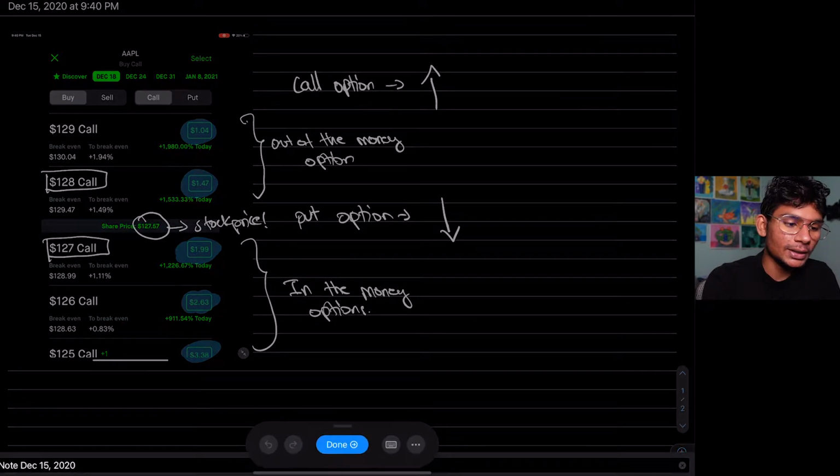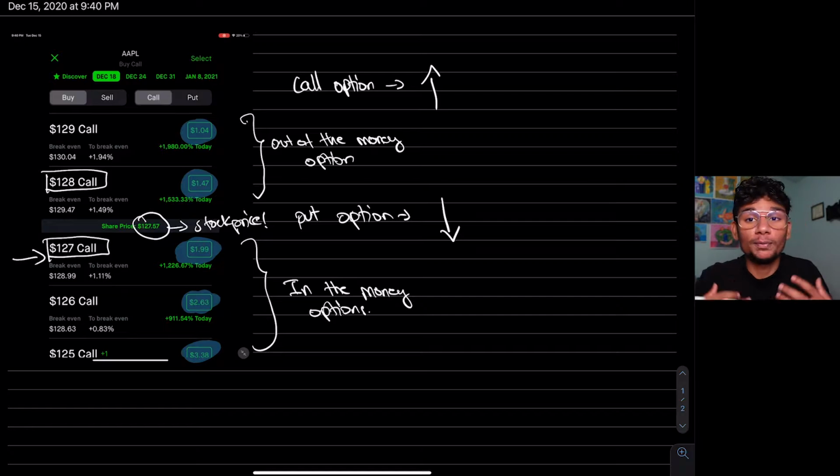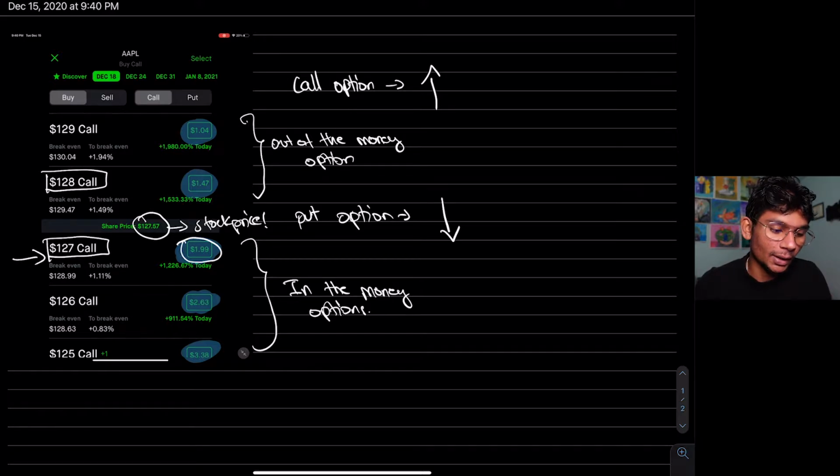So let's just say that right now we're going to buy this call option, this one right here. To buy this call option, we're going to have to pay a premium, and the premium that we're paying is this right here, $1.99. I know at first, when you look at it, you think, oh, it's only $1 or $2, I will definitely go and buy this option.